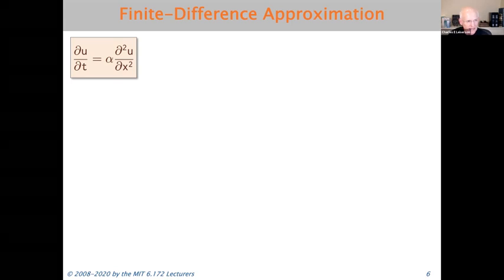On the left side, we have partial u over partial t, partial u with respect to t, and then on the right-hand side we have alpha times the second partial of u with respect to x. So those are the two places that we want to get a discrete approximation.